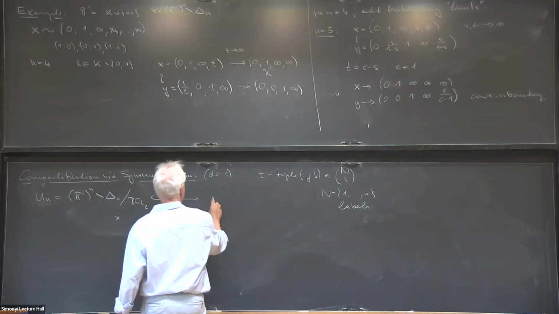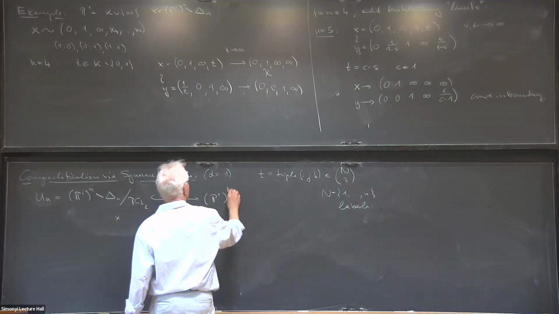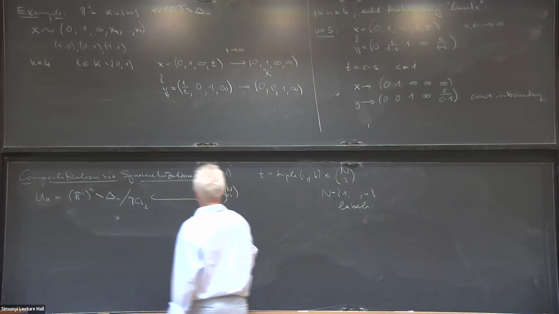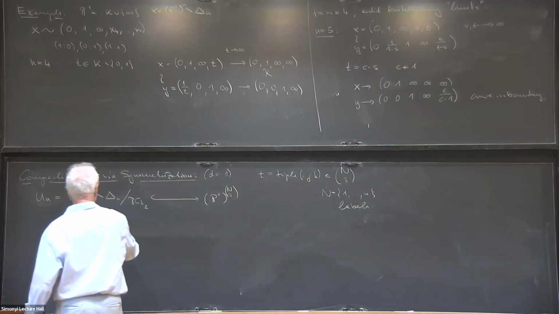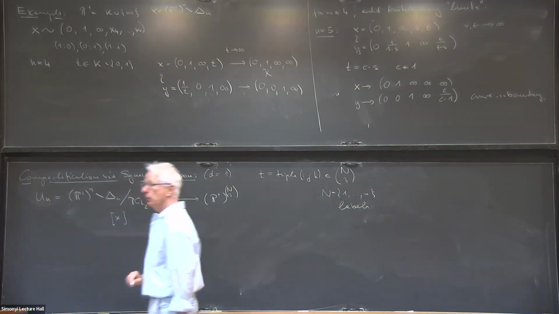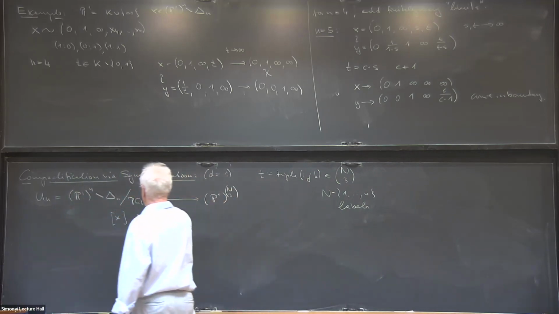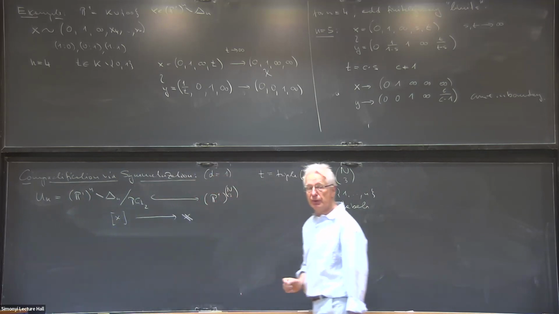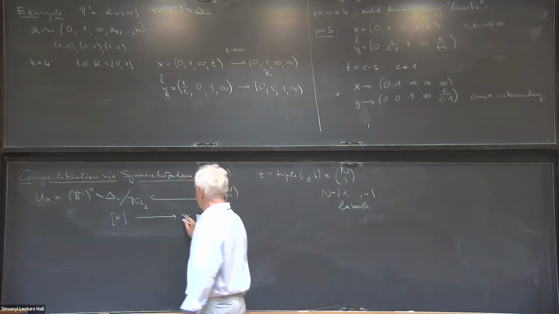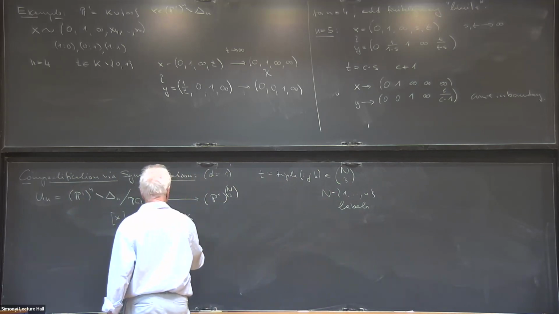So we go to P1 to the n choose 3. So here I denote the orbit of an n-gon by brackets. And we send it to something which I denote by boldface x. This will be called the string of n-gons.